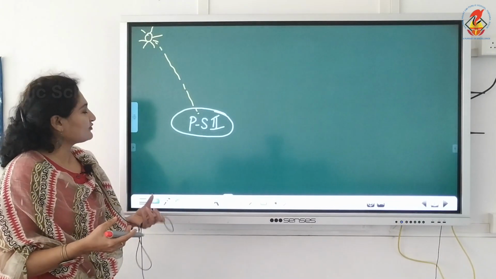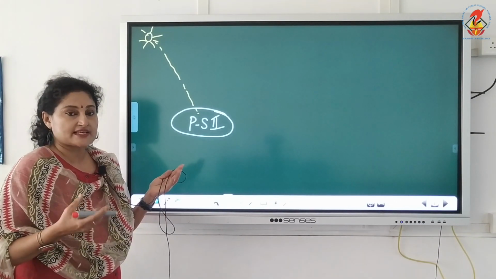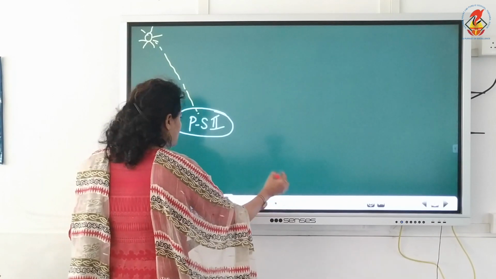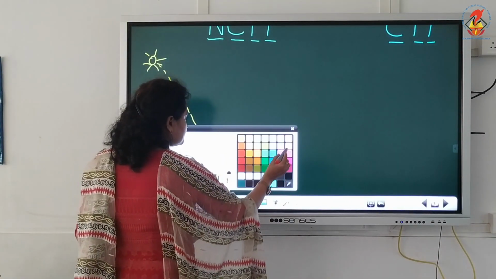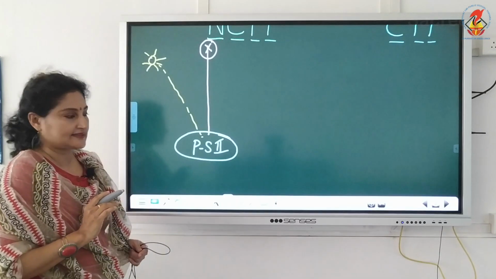So, once again, when the sun's light illuminates photosystem 2, an electron gets excited and emitted, and it immediately goes to an electron acceptor. What X is indicating is an electron acceptor.